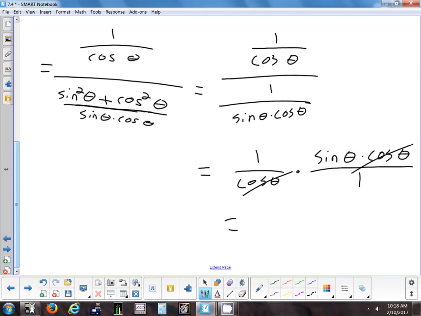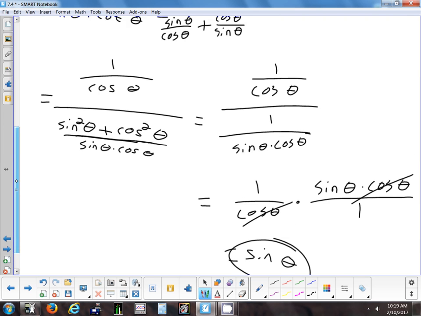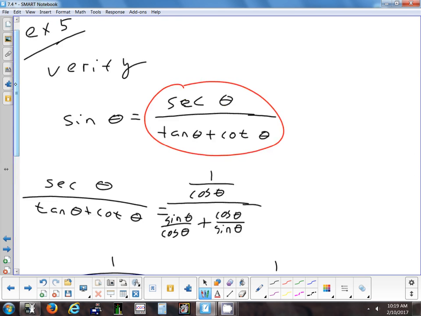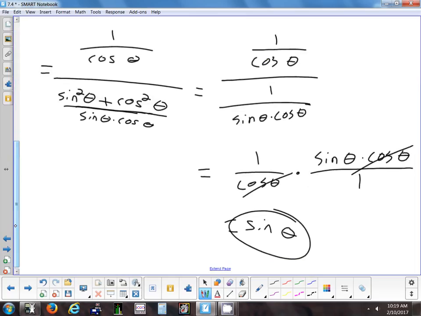Just 1 times sine. Chances are if you just make up a trig identity, it's not going to simplify that nice. Every problem I'm giving you simplifies somewhat nice. And we got sine way back at the beginning. That's what we're supposed to get.